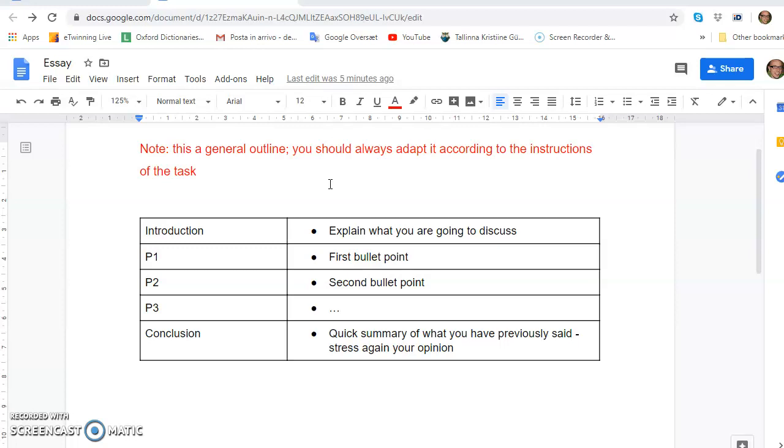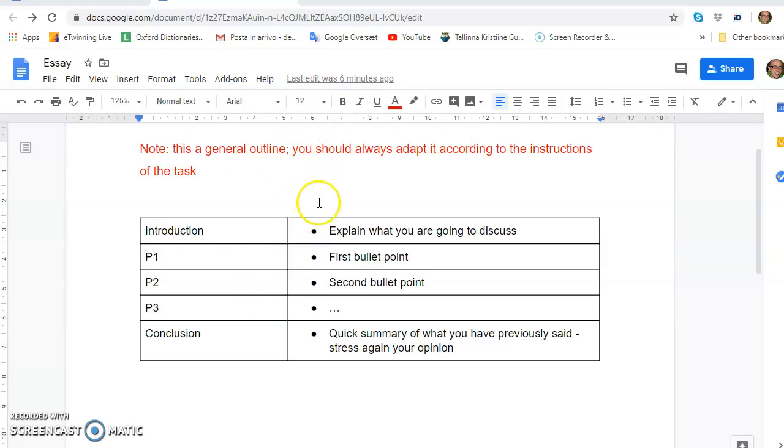Besides that, we have the same type of requirements, which are formal language, complex structures, and of course appropriate tone. Remember, this is a formal type of writing, therefore the expected vocabulary has to be on the high end of formality.